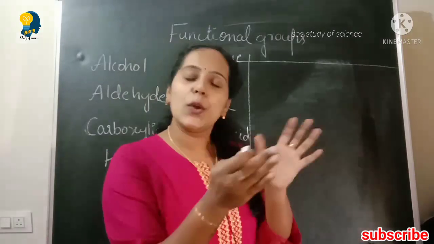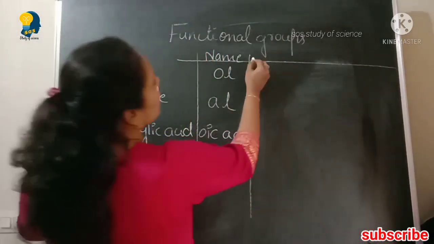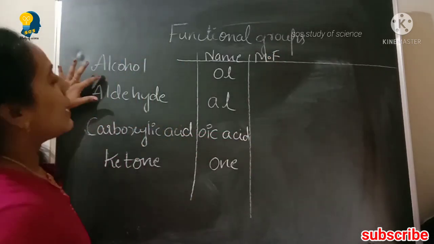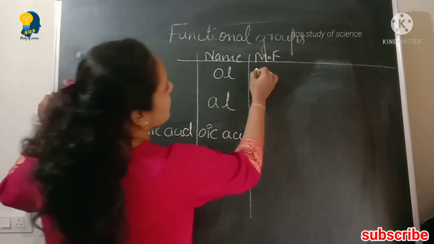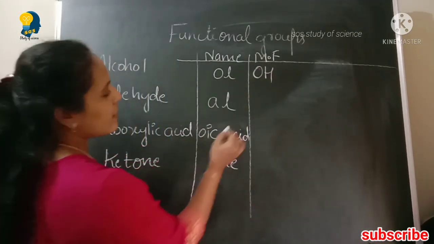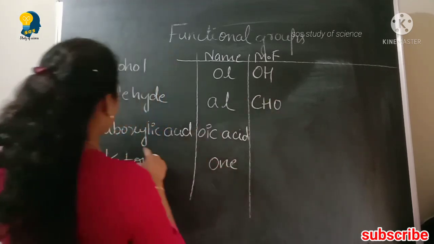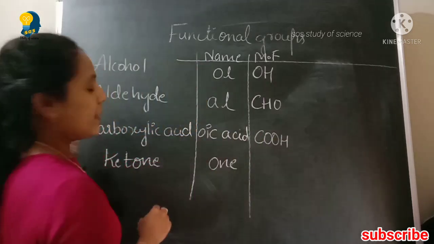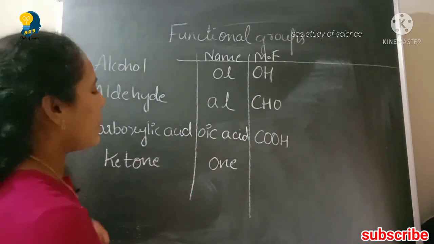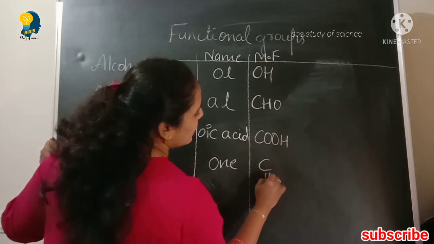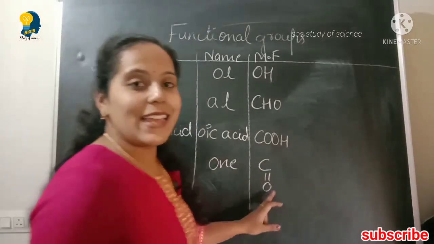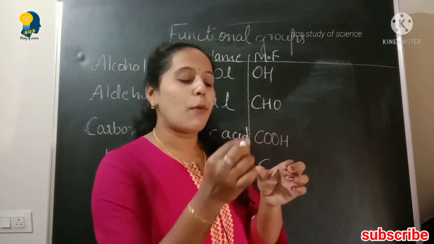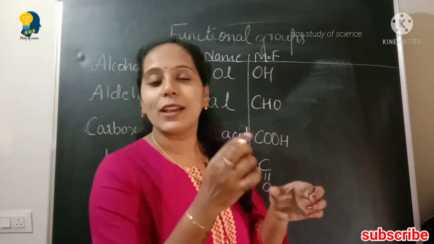When I am teaching individually, you will understand even better. So now it comes to the molecular formula. In the case of molecular formula, at the end of the formula, alcohol is represented by OH, aldehyde by CHO, carboxylic acid by COOH, and ketone, in the molecular formula, is represented by C double bond O. That means the oxygen will be bonded to the carbon using a double bond.